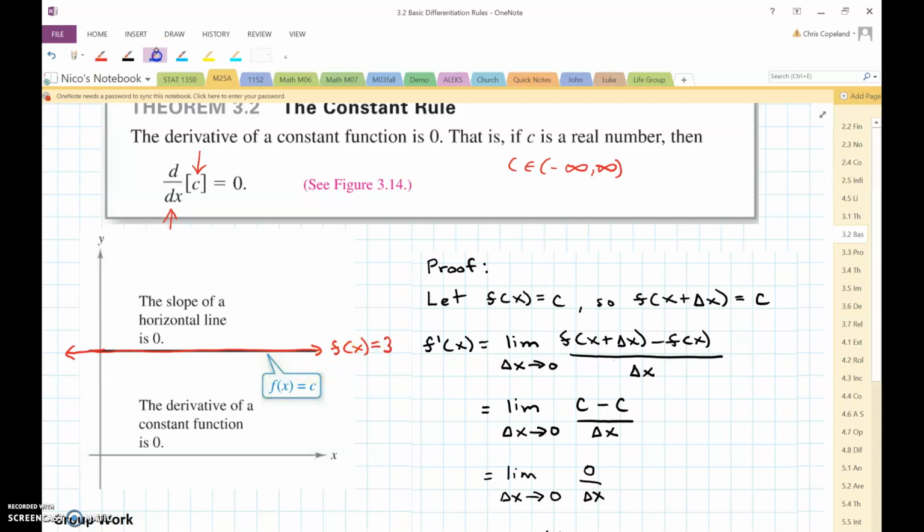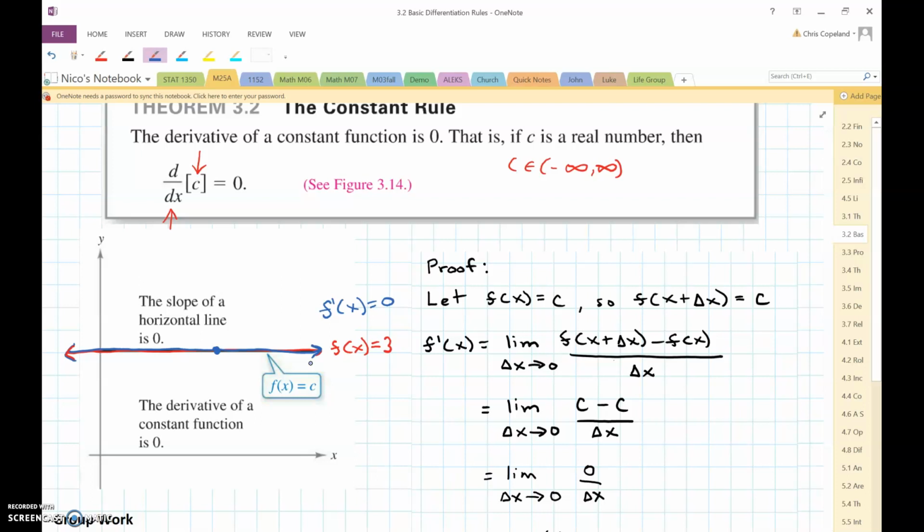Does it make sense that the slope of this line is going to be 0? The slope of this line, no matter what x value you pick, is going to be 0. So here, the slope of the tangent line lies right on top of the function.